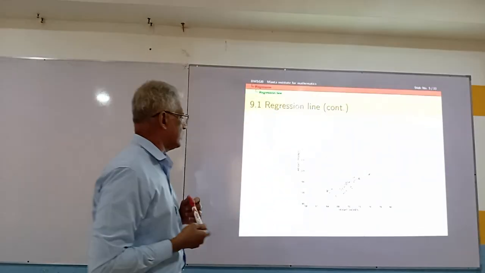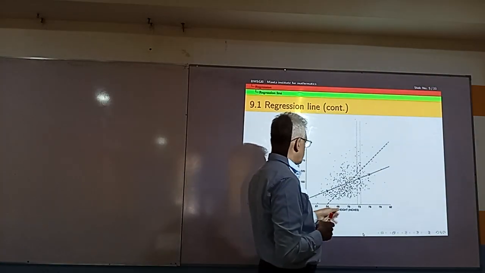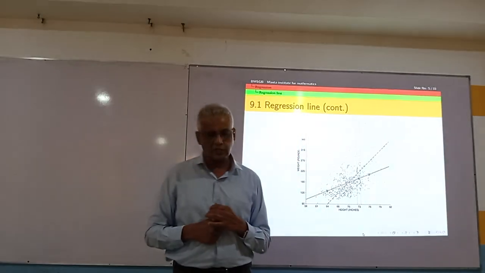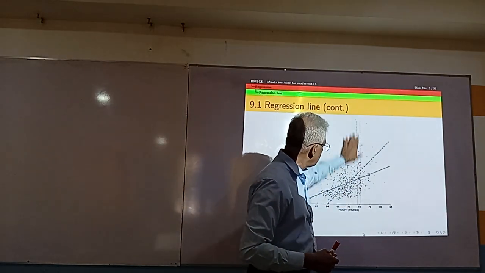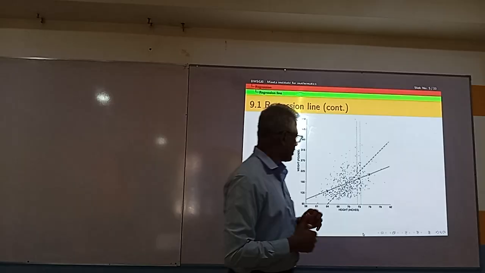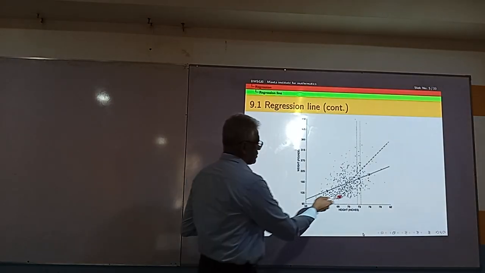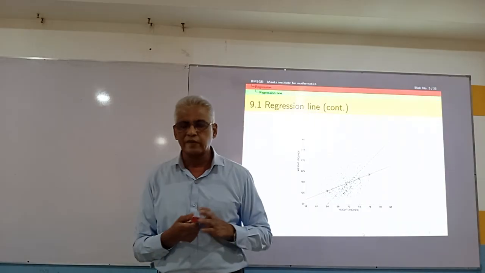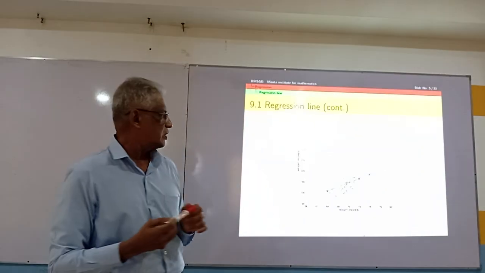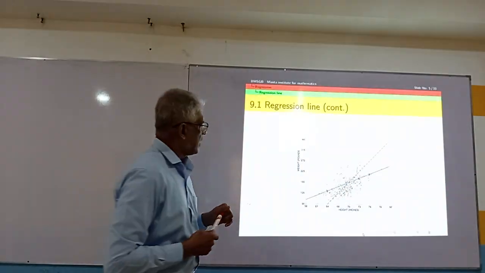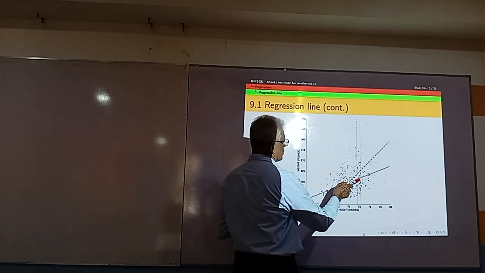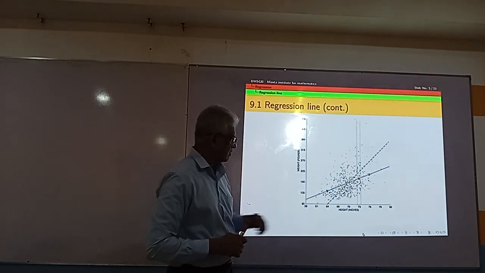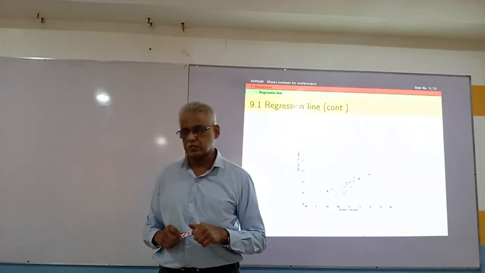For example, if you consider all the people whose heights are approximately 73, their heights will be in this stripe. And then if you consider all these weights, we can find the mean or the average of those weights. And if you calculate the average, it is going to be somewhere here in this case. That's what they have marked, the average.